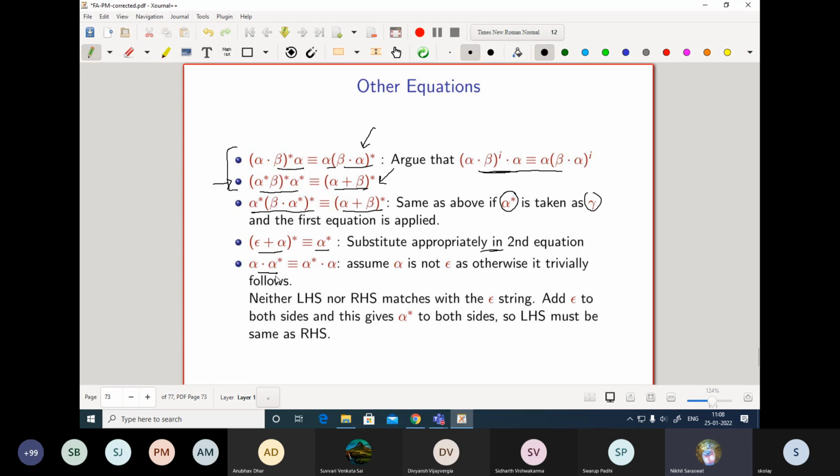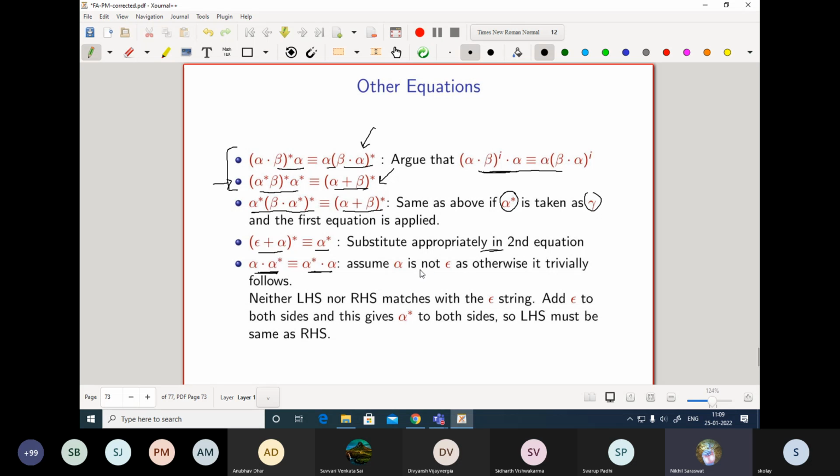Then alpha concatenated with alpha star is equivalent to alpha star concatenated with alpha. So one way of showing it is, there are two cases. One is alpha itself is epsilon, in which case it is easy to show.